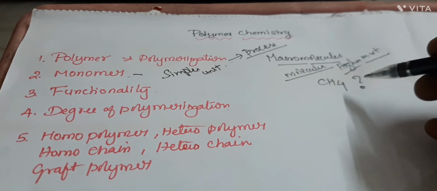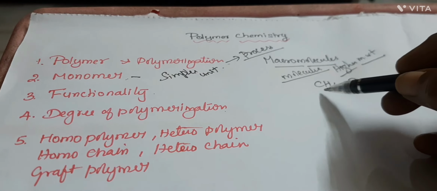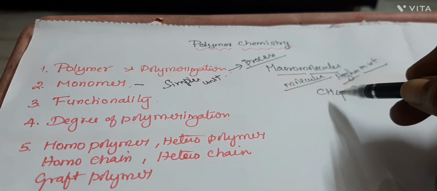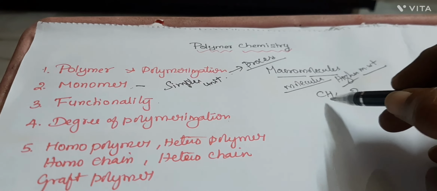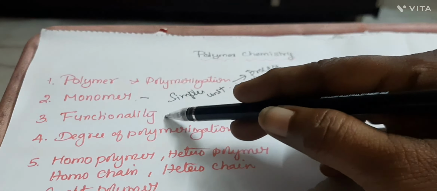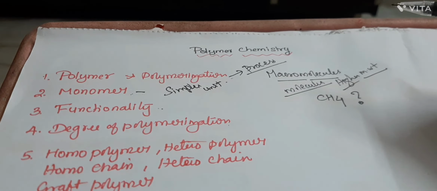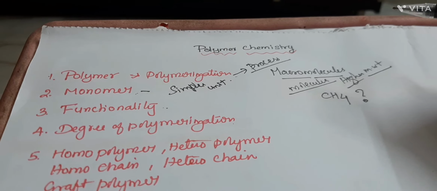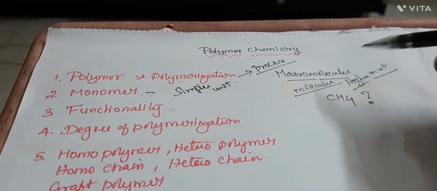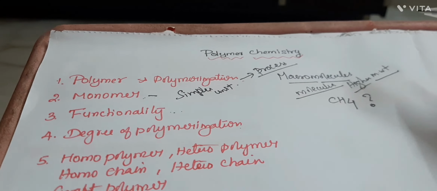We cannot polymerize methane. Then why? The molecule that has at least two functionality can only be polymerized, or can only undergo polymerization. Then what do you mean by functionality?